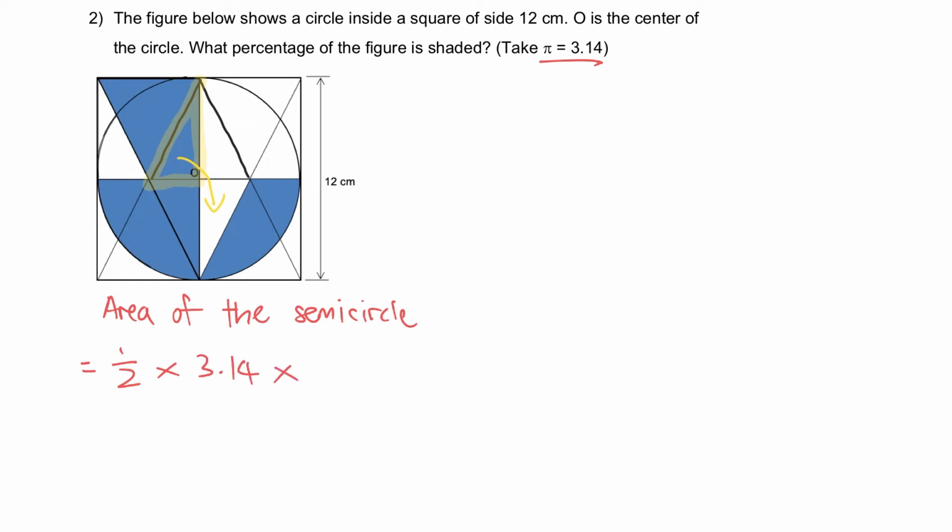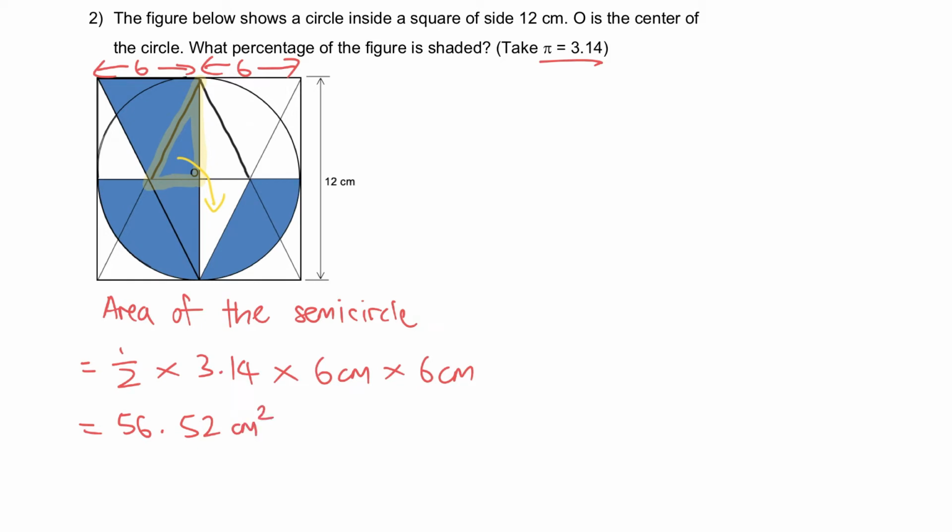In this case, the radius will be 6. This is a square, therefore this is 6, this is also 6. 6 centimeter times 6 centimeter. And the answer here is 56.52 centimeter square.